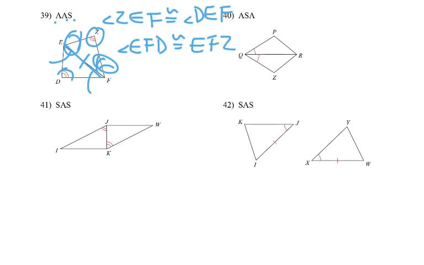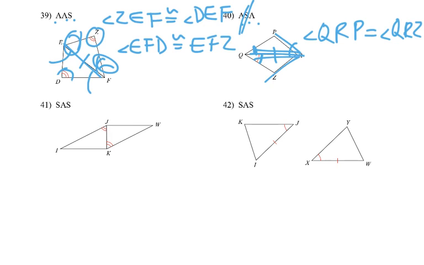Okay, 40, angle, side, angle. Got the side that's the same, the angle here. It's got to be the other angle touching it, so it's got to be angle QRP. Would have to be congruent with angle QRZ. That one with that one. And finally, the last two, both side angle sides.